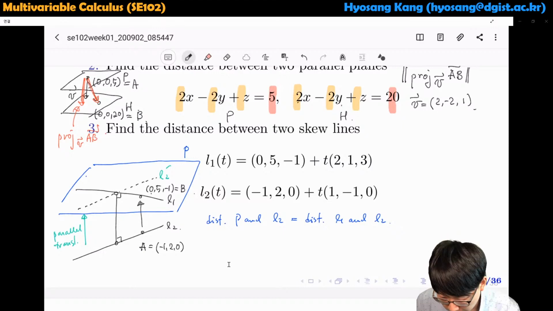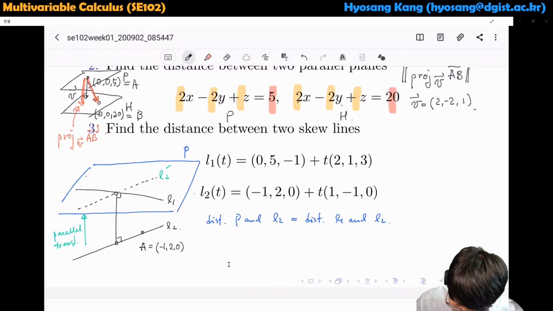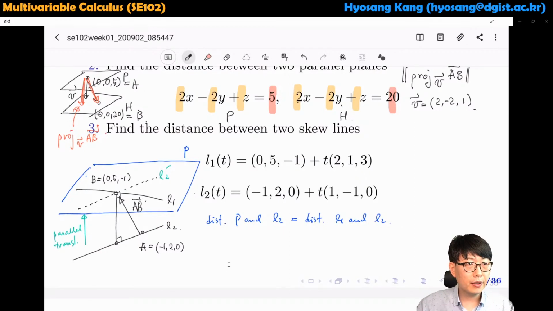Well, it seems like it's already perpendicular, so let's take another one here. Let's say this is B, (0, 5, -1), and take this vector A to B. And what we do is projection again.